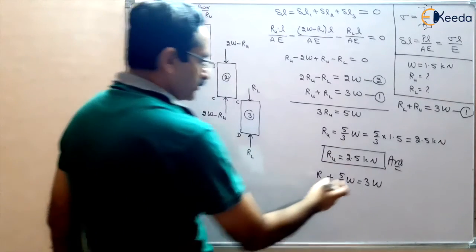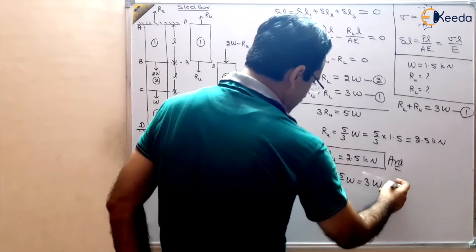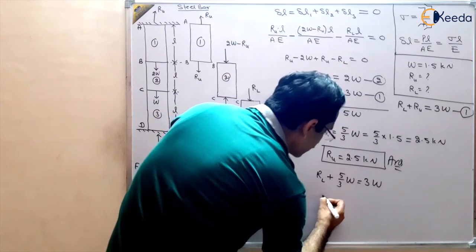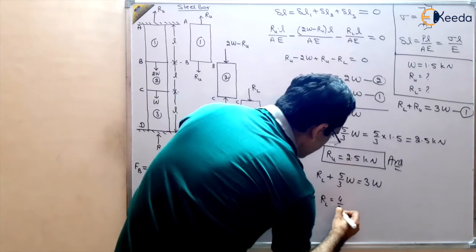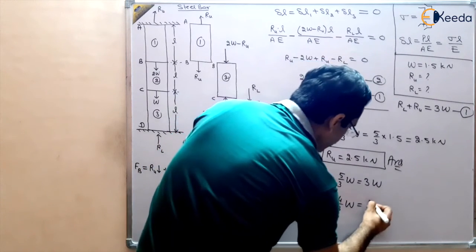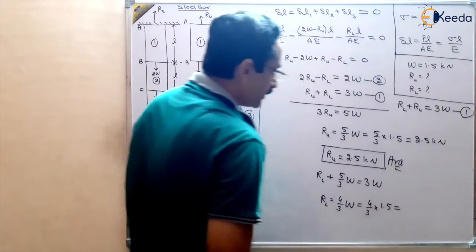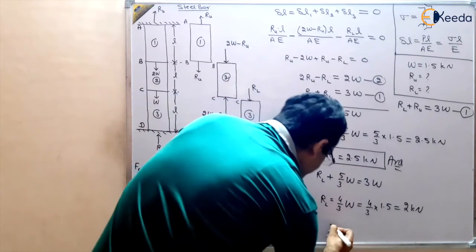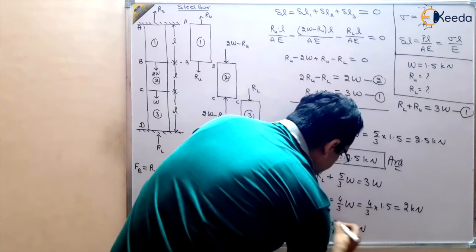So from here you will get 3 minus 5 by 3, that is 9 minus 5 by 3, 4 by 3W. So RL you will get as 4 by 3W, and that should be equal to 4 by 3 multiplied by 1.5, that will be equal to 2 kilonewton. So RL is 2 kilonewton. So that is our other answer.